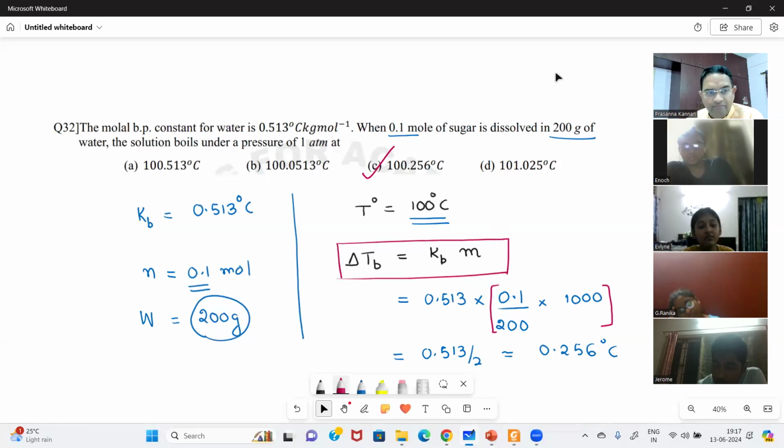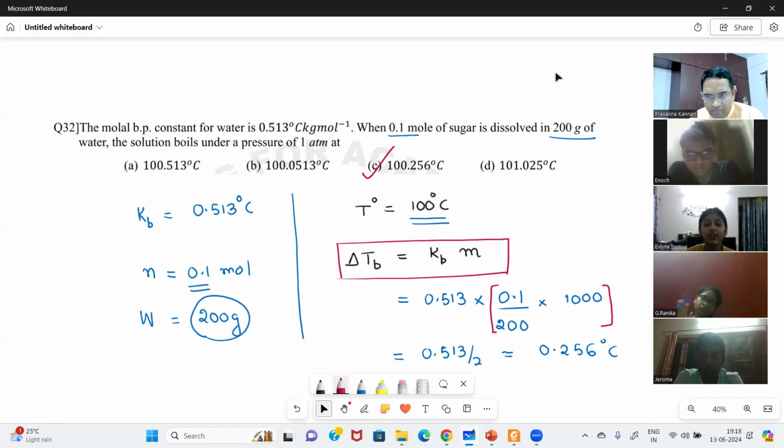Sir, here the molal boiling point constant is given for water, which is 0.513, and they are saying that when 0.1 mole of sugar is dissolved in 200 grams of water, the solution boils under a pressure of 1 atm. So here we have to find the boiling point of the solution. The number of moles of the solute is 0.1, and the mass of the solvent is 200 grams.